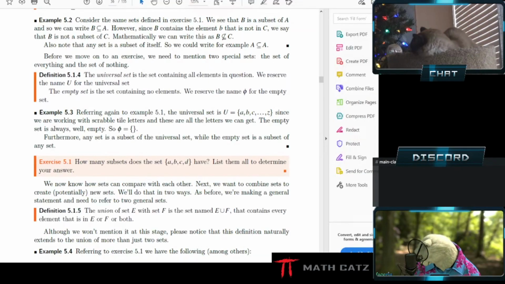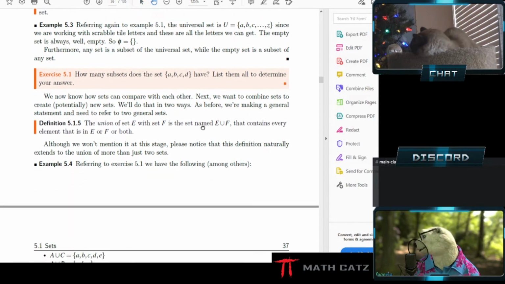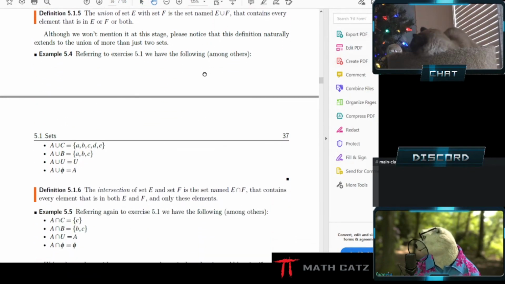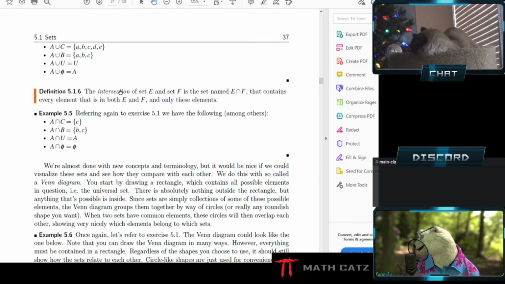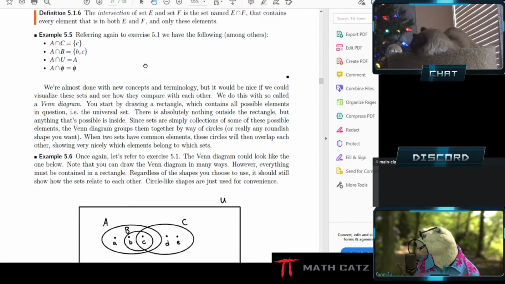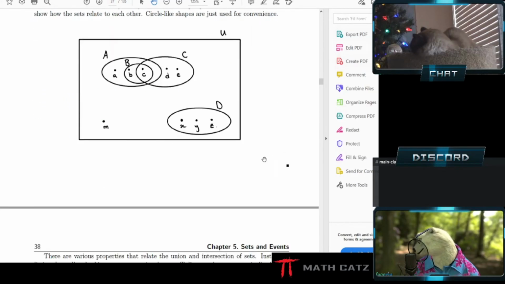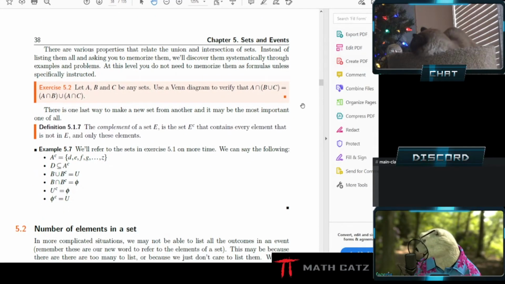Righty. Let us see what is on the next page. So in the book, there's some explanation, some examples like we've done, union, intersection, Venn diagram, all familiar things, but sometimes it's nice to see them in written form.